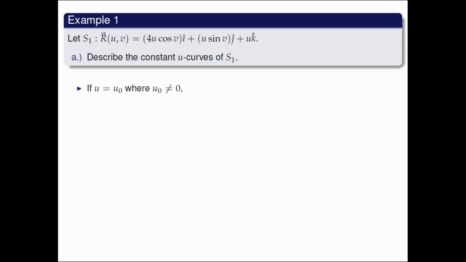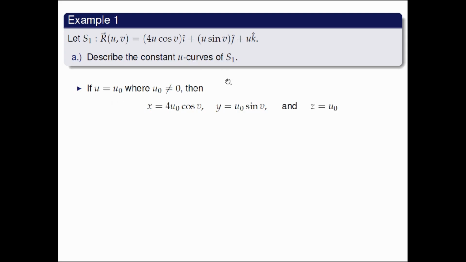We now consider the case where u is non-zero or u equals u naught where u naught is not equal to 0. Here, x equals 4u naught cosine v. Substitute u equals u naught doon sa x component. Y equals u naught sine v. Substitute u equals u naught doon sa y component.